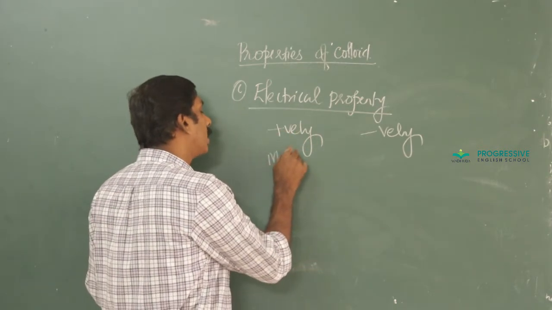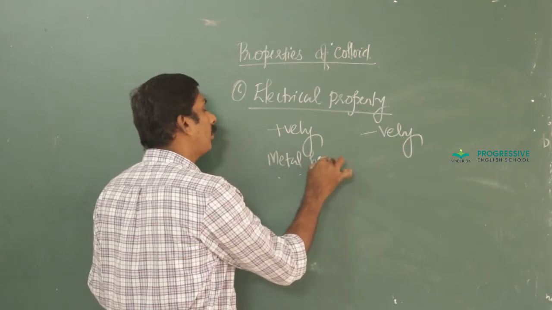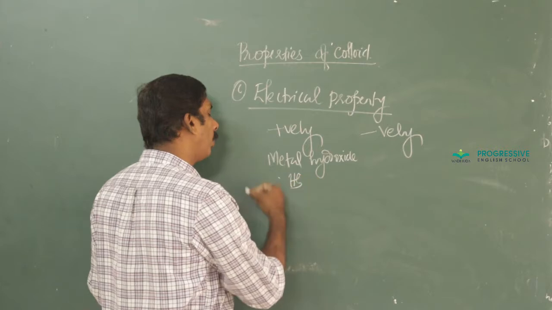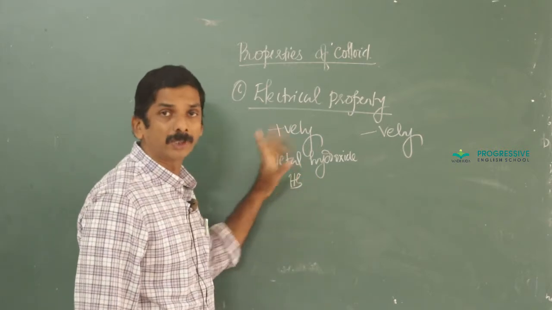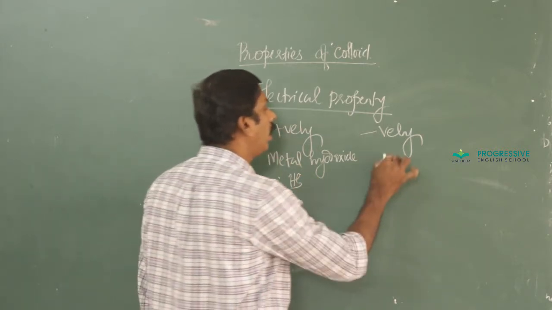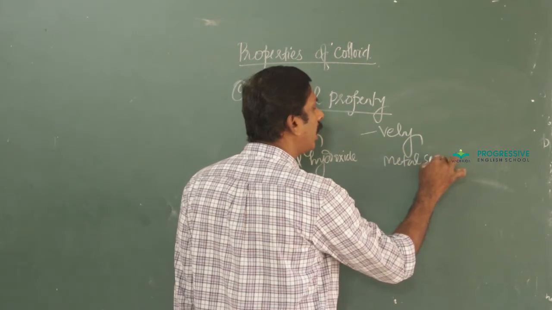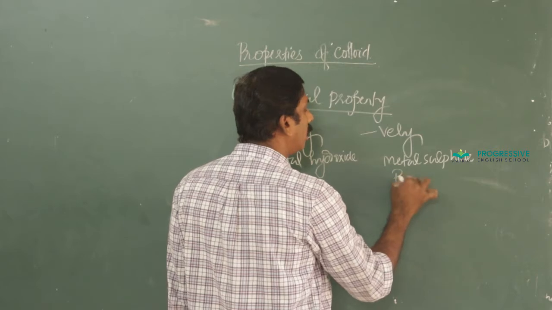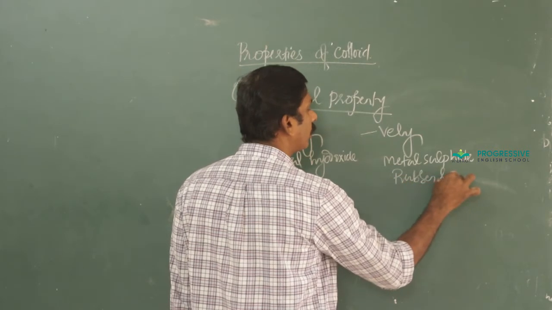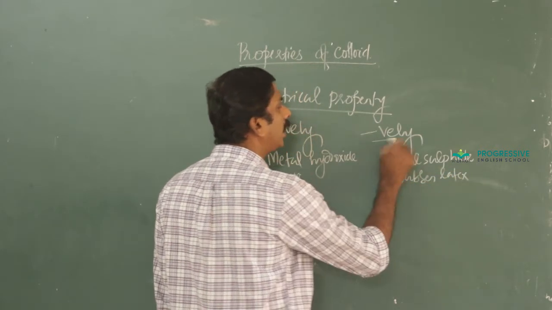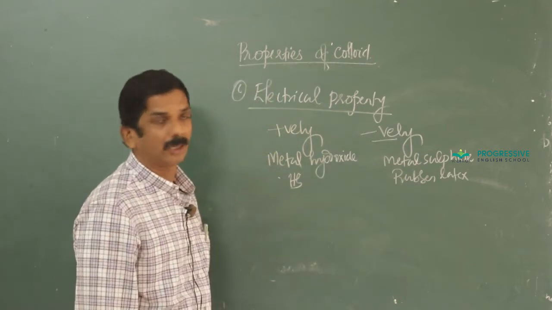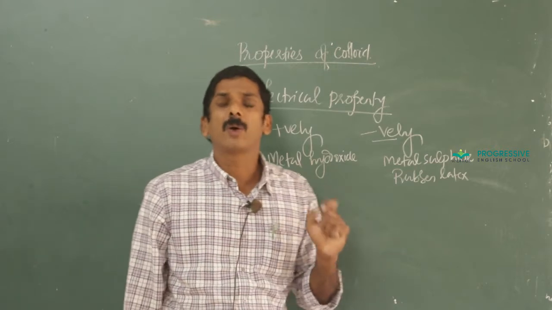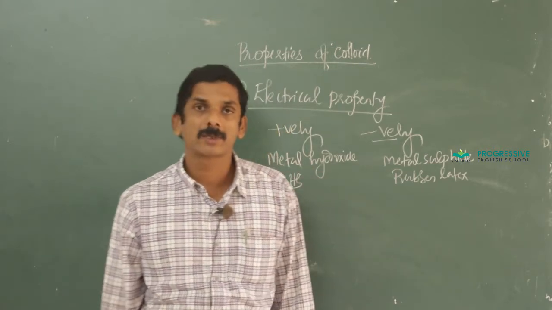Metal hydroxide, hemoglobin, etc. carry positive charge, while metal sulfide, rubber latex, etc. carry negative charge.